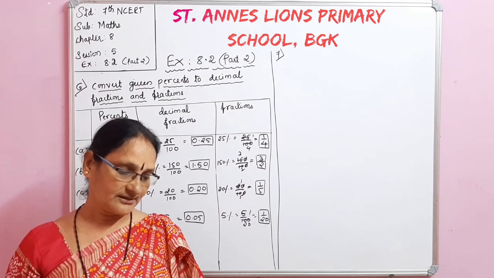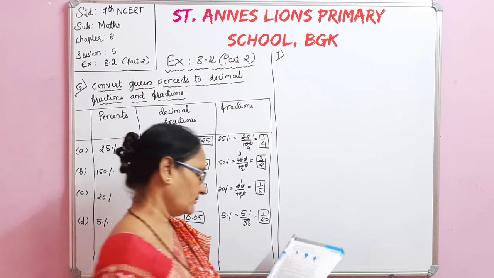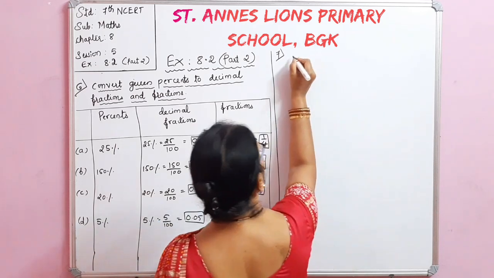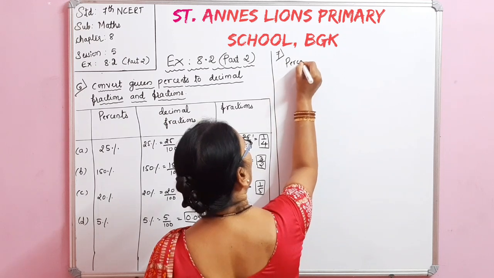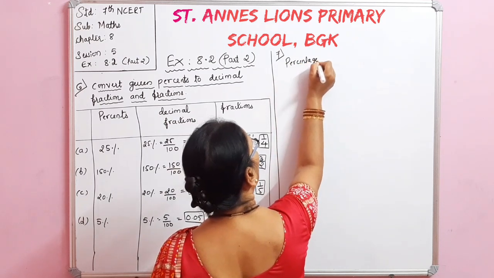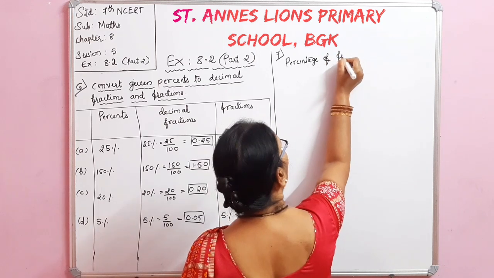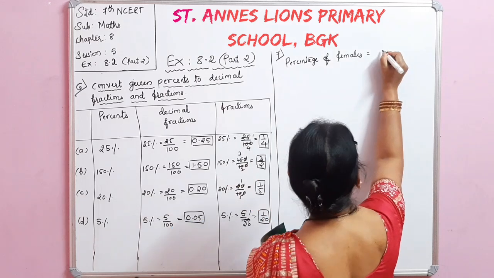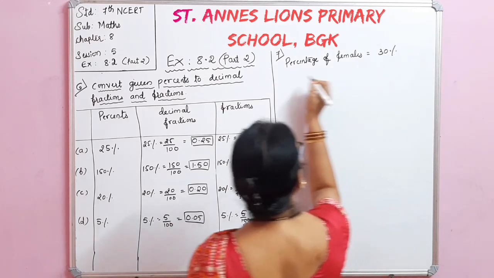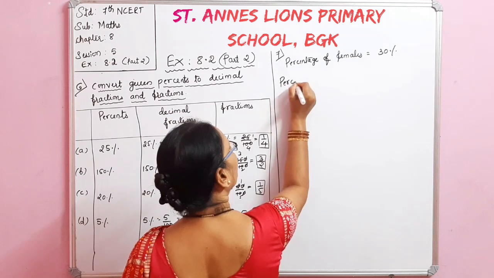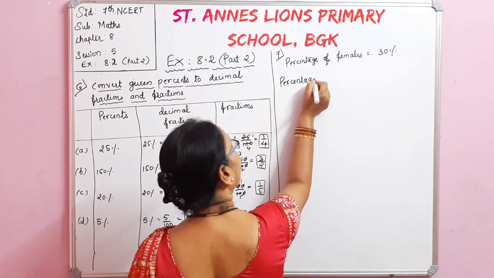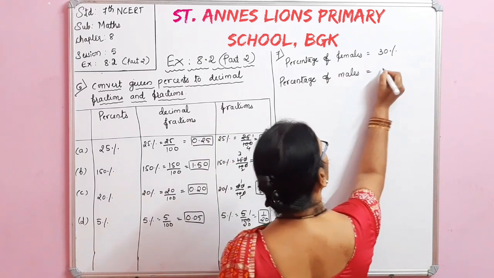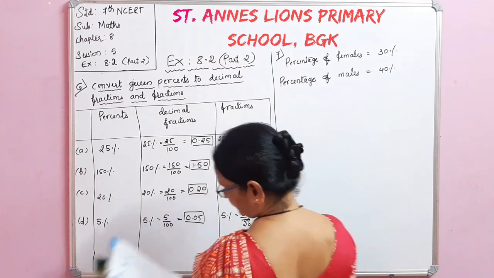What percent are children? Now, first, the seventh one: percentage of females is 30%. Percentage of males is equal to 40%.